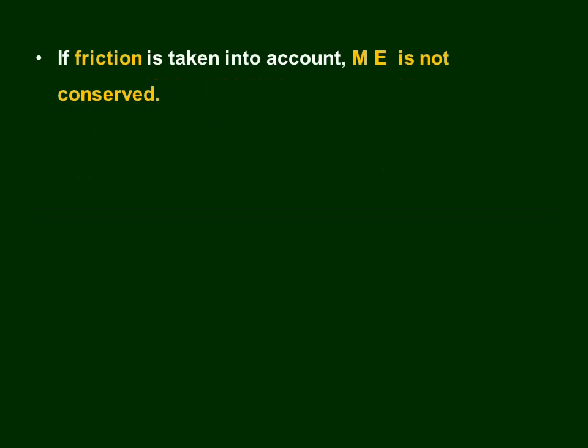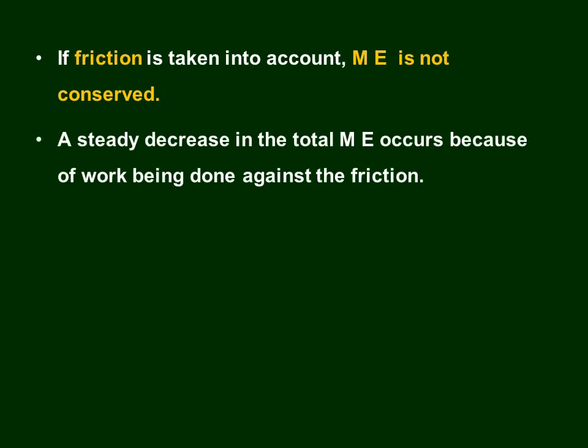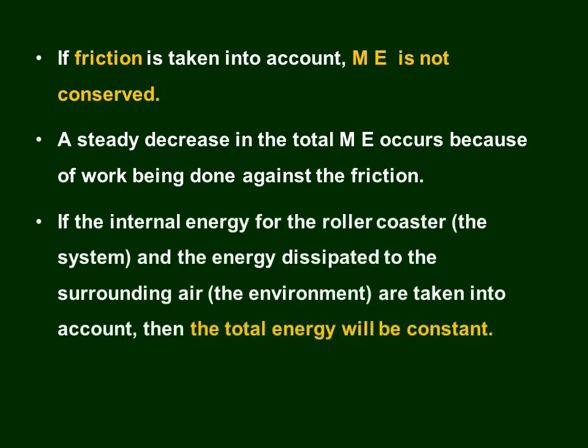If friction force is taken into account, mechanical energy is not conserved. If the friction force is equal to 0, the mechanical energy will be conserved, it will be the same. But due to the friction force, the mechanical energy is not conserved, but the total energy is conserved. A steady decrease in the total mechanical energy occurs because of the work being done against the friction force.